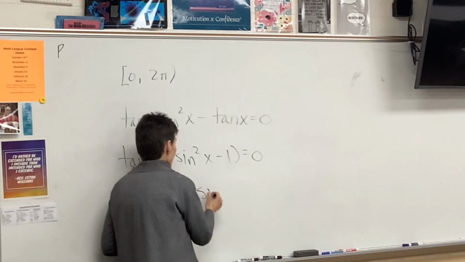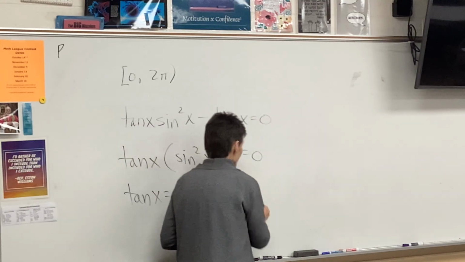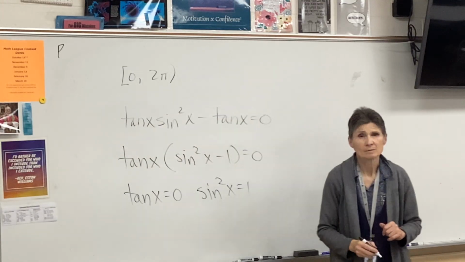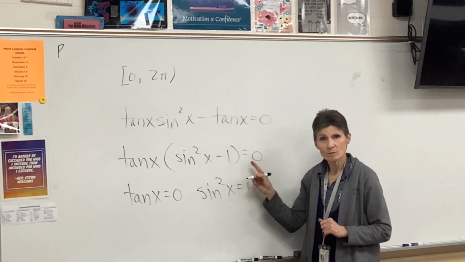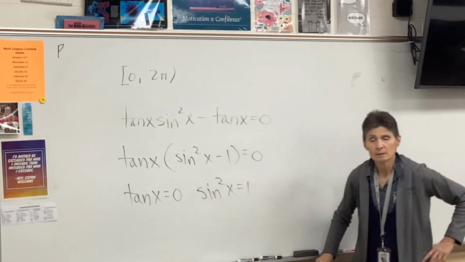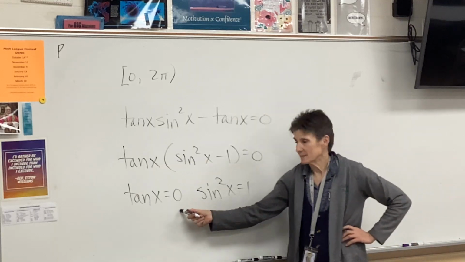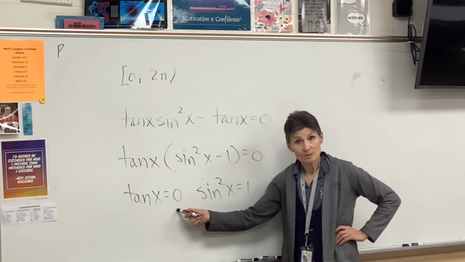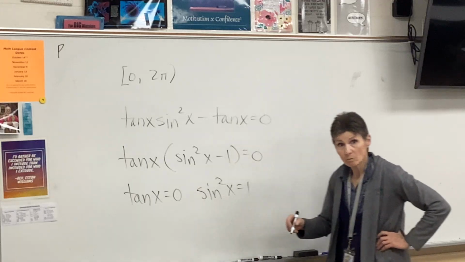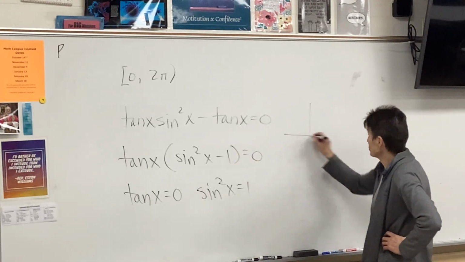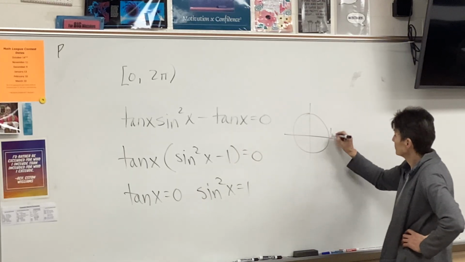And I need sine squared to equal 1. I need this to equal 0, so add 1. Sine squared equals 1. I think I just did this, actually. That's a 0. I'll do it again. That's a 0. And zeros are always around the circle.